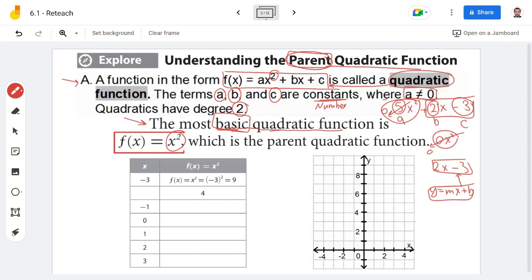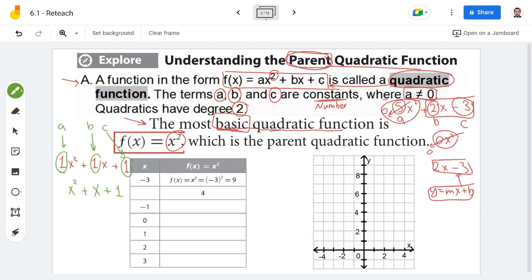Let's say, for example, we have 1x to the power of 2 plus 1x plus 1. So we know that 1 here is a, 1 here is b, and 1 here is c, right? Now we can rewrite this, because we don't write the number 1. So my function is x to the power of 2 plus x plus 1.